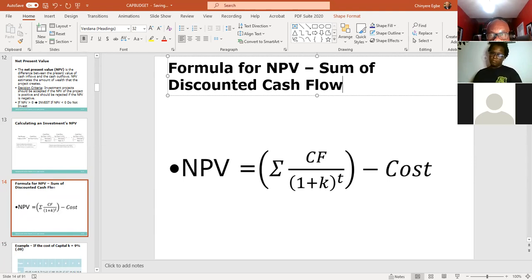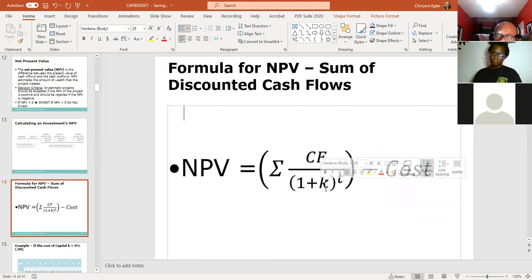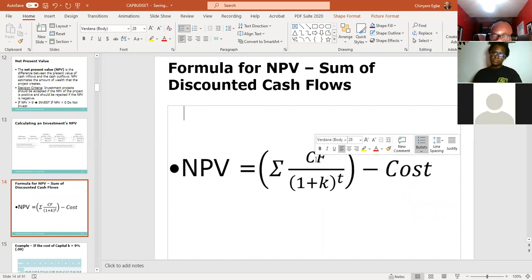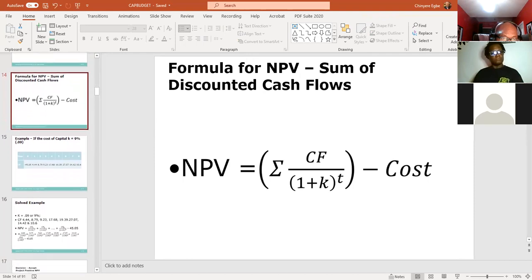Okay. And so discounted cash flow is the cash flow for each period divided by 1 plus the cost of capital. So K is the cost of capital, CF is the cash flow. And so we add all of this together.